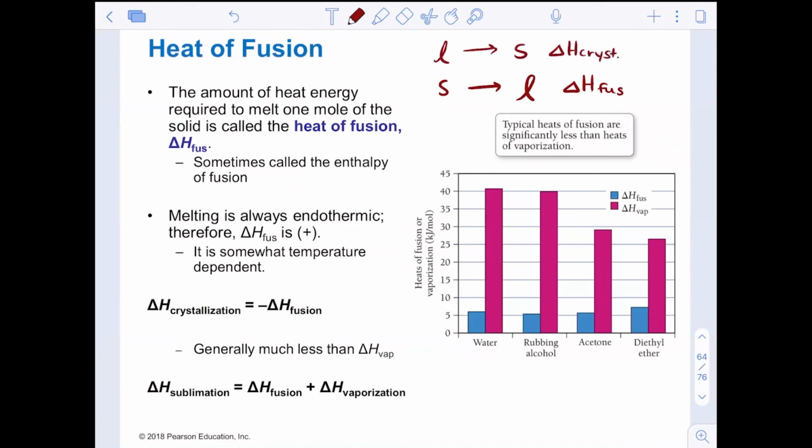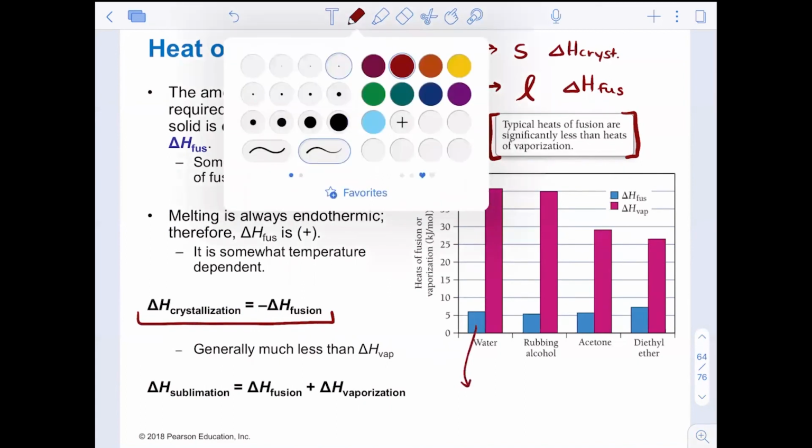All right, again, they're opposite in sign, but identical in magnitude. Typically, what's really important is that typical heats of fusion, delta H fusion, are a lot lower than delta H's of vaporization, right?